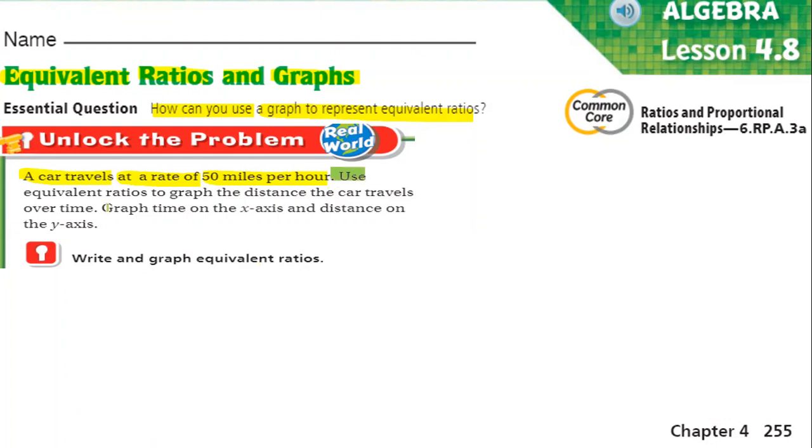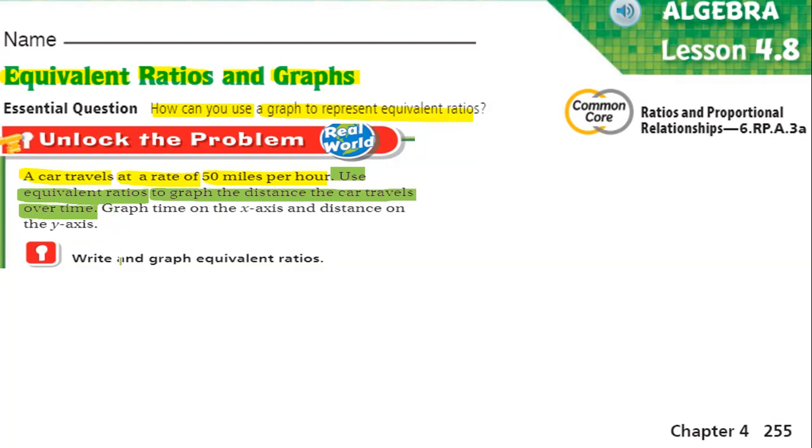Use equivalent ratios to graph the distance the car travels over time. So he wants you to write equivalent ratios to make a graph of the distance the car travels over time.